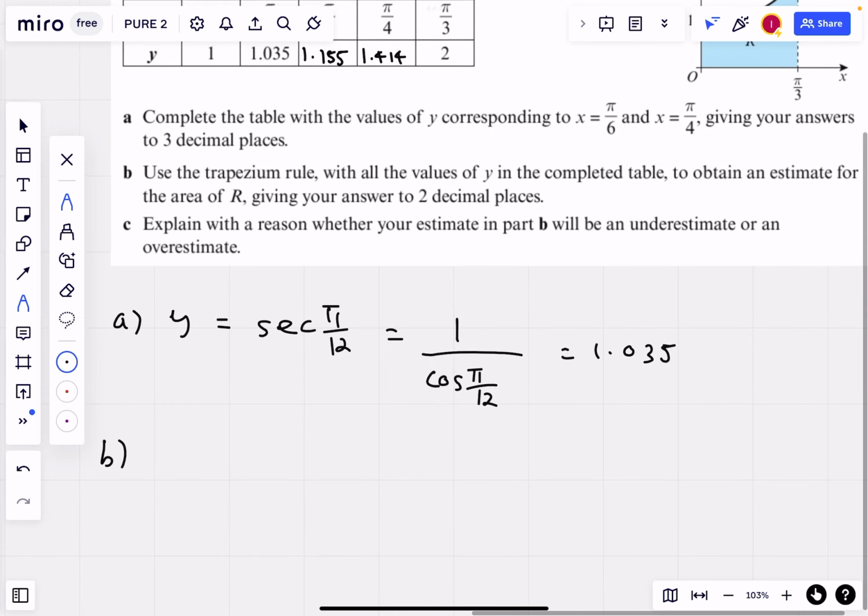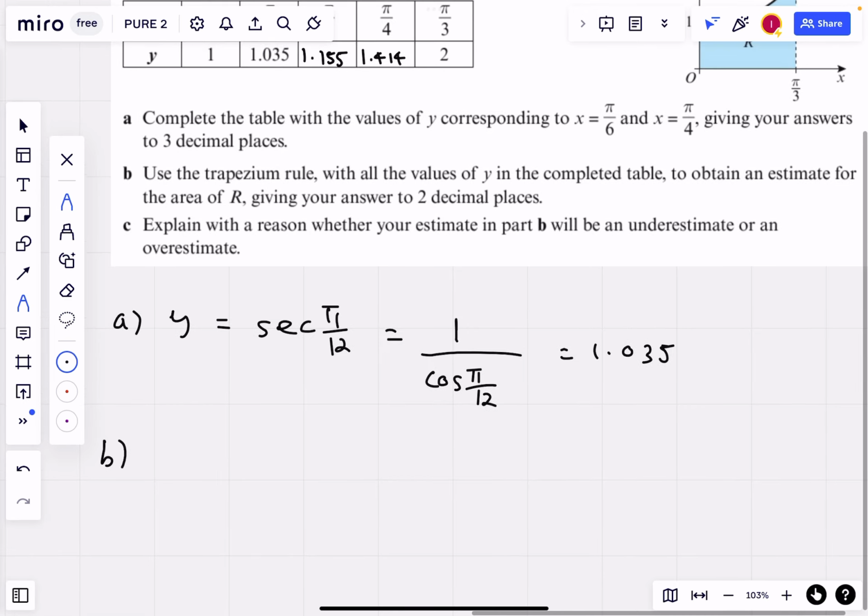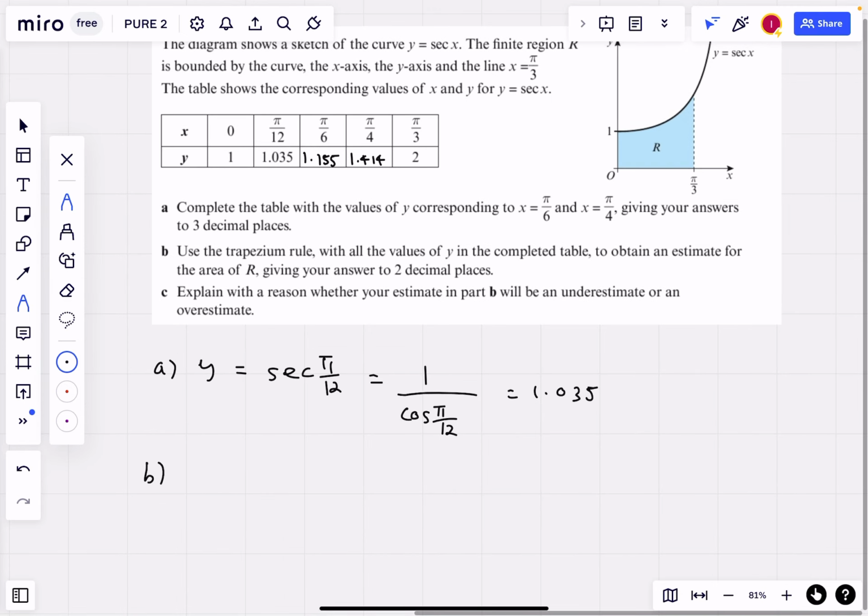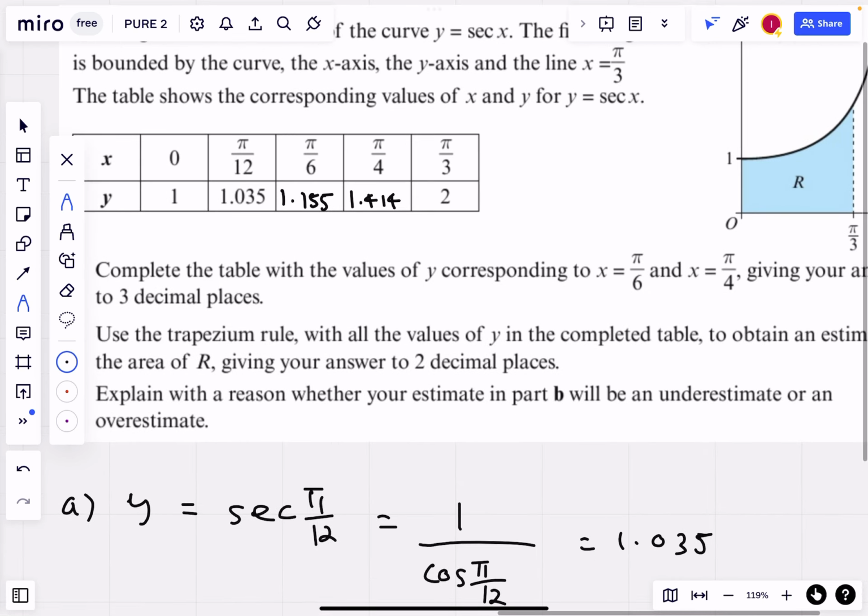Your h you work out by doing b minus a all over n. So your b is pi over 3, minus a, which is 0, all over n, the number of trapeziums. Here's how I figure out how many trapeziums there are.